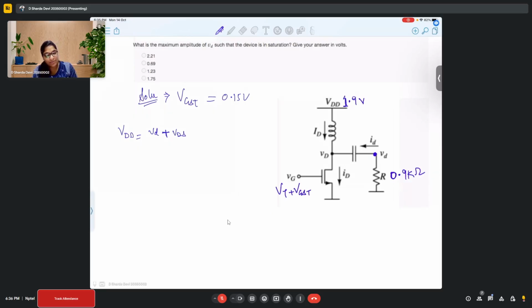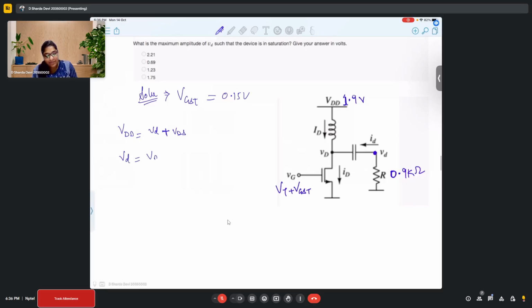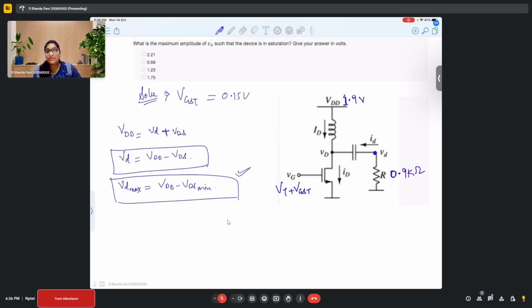So this VD is basically VDD minus VDS. We know VDD is fixed. To get VD max, how do we get VD max? By finding VDS min. Correct? Is this clear to everyone? This is how you would get the maximum value.